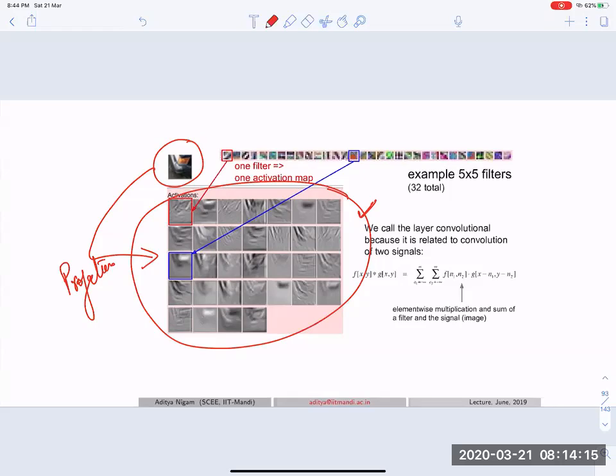So if you have a car, then this filter is high. If you have a cat, then this filter will not be high. Some other filter will be high, which is responsible to say whether there is a car or a cat. So filters are being learned in such a way.